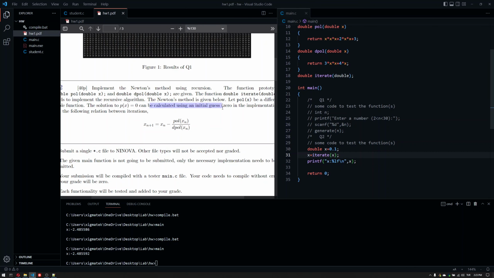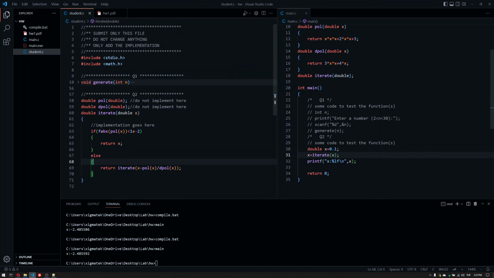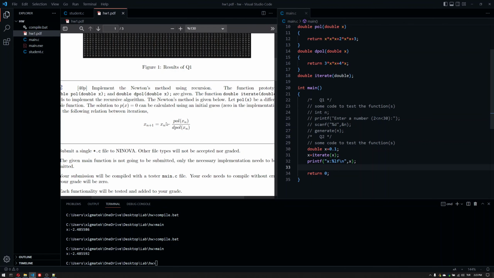Even though I've given this initial guess to be equal to 0, what we can do, which I didn't touch, is check if the pol is 0. If it's the case, update x with a different number, a random number maybe, or a higher value than 0. We can include that check in an if statement, but I didn't want to bother you with that because it's straightforward anyway.